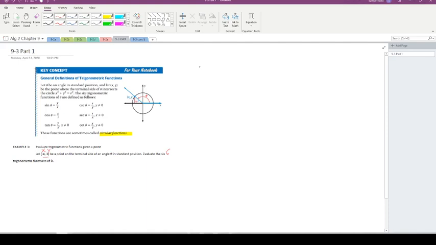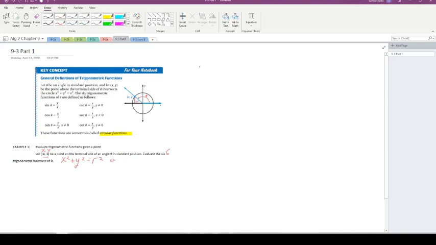In the right triangle, we have a side, which is the x, the opposite, which is the y, and the radius. If we have x and y, the Pythagorean theorem helps us find the radius. So the first thing we're going to do is remind ourselves that x squared plus y squared is equal to r squared, which is the Pythagorean theorem.